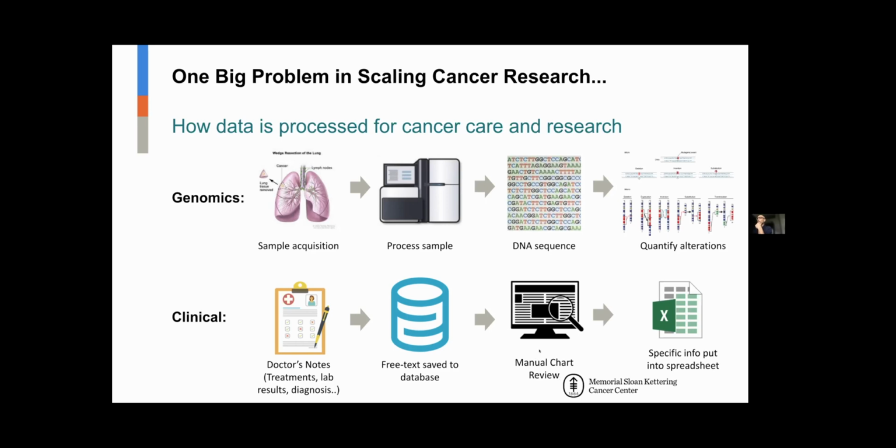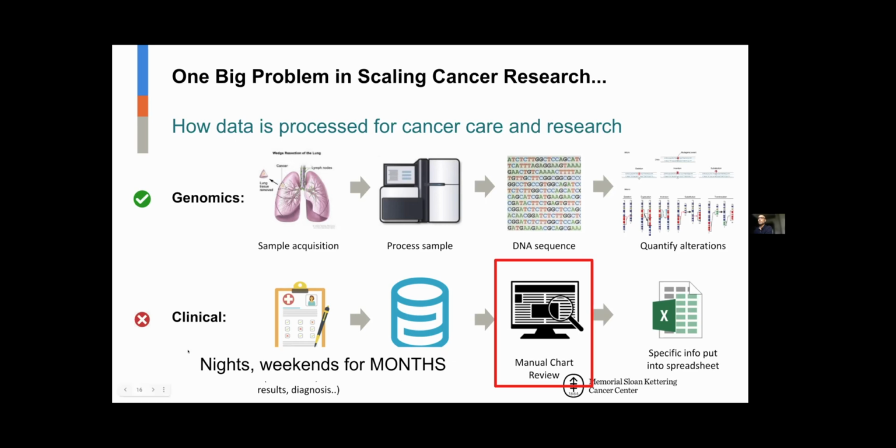If you're doing a retrospective study, say you have 1,000 patients, you have to go through 1,000 patient charts, and each patient has tons of notes. So this is a lengthy review process. But then at some point, specific info is being put into a spreadsheet. When I first came here as a postdoc, I would meet these medical oncology fellows, and they would spend nights, weekends, holidays, for months just doing manual chart review.